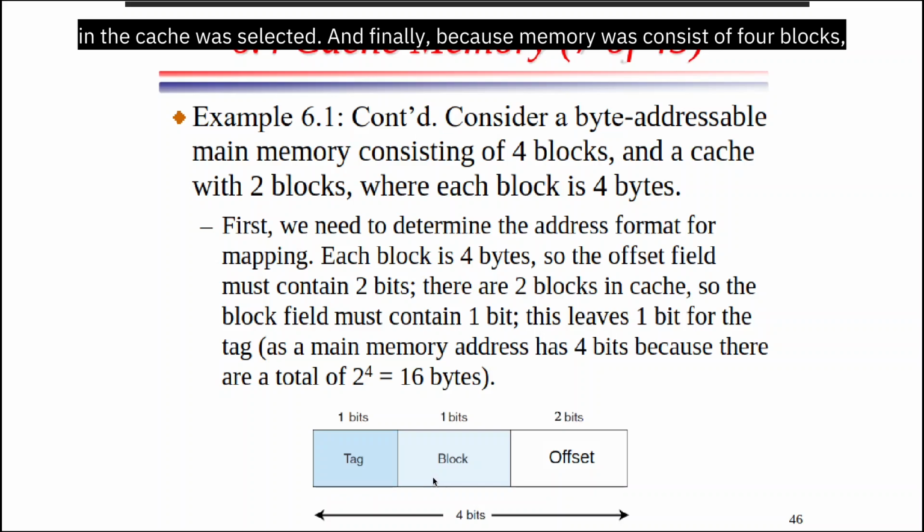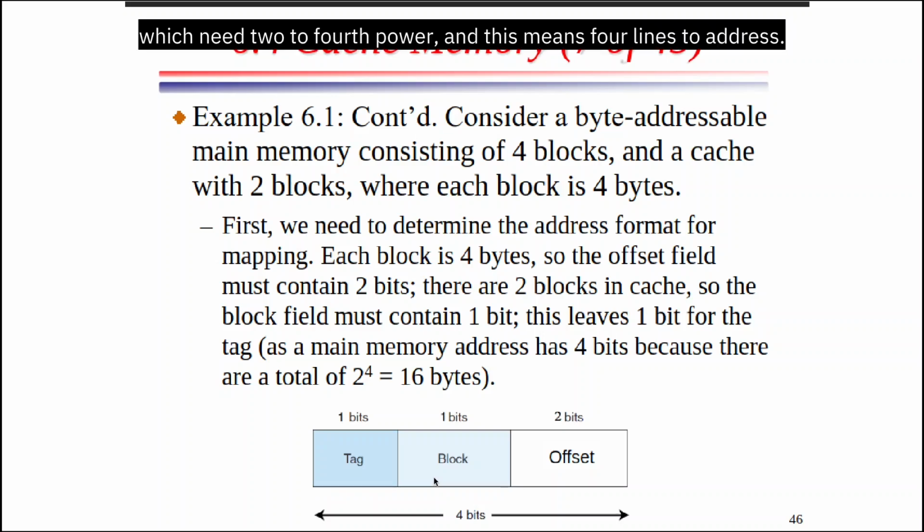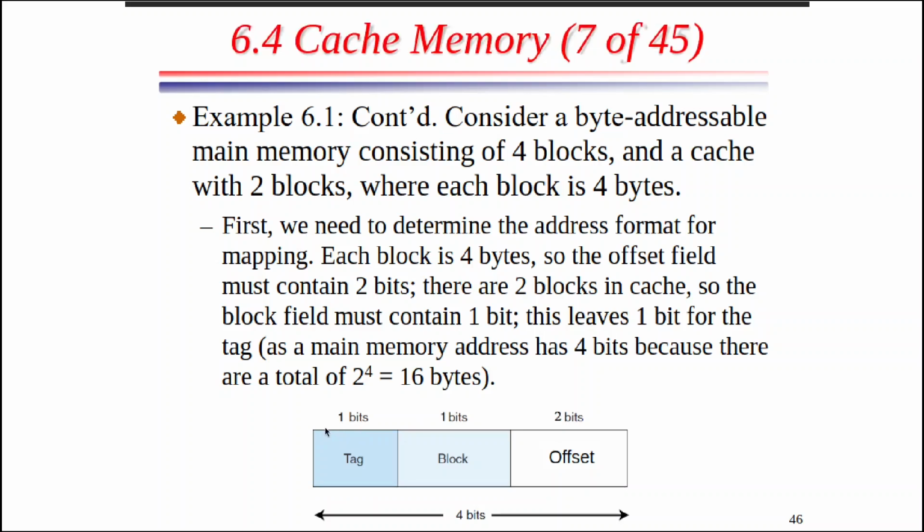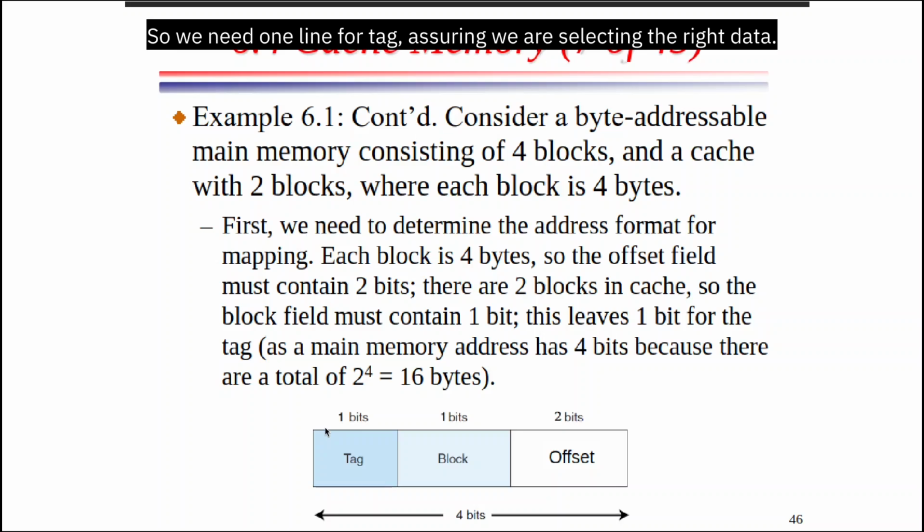Finally, because memory consists of 4 blocks, which needs 2 to the 4th power, this means 4 lines to address. So the tag is 4 minus 2 minus 1, which equals 1. So we need 1 line for the tag, assuring we are selecting the right data.